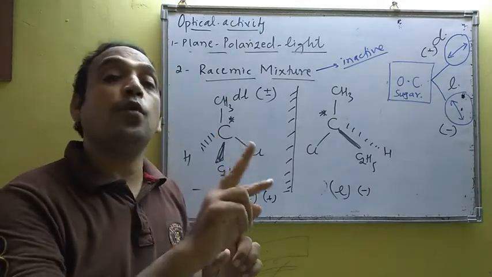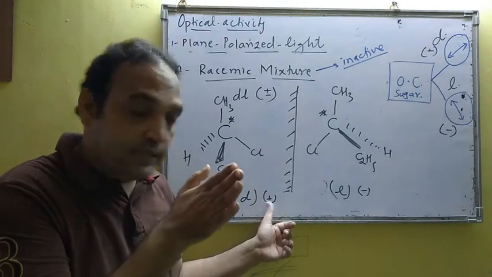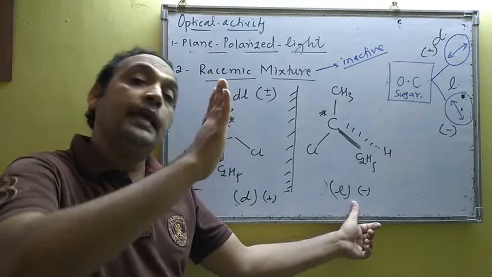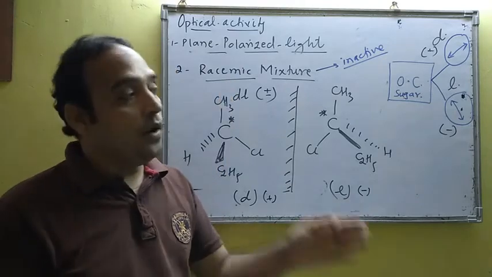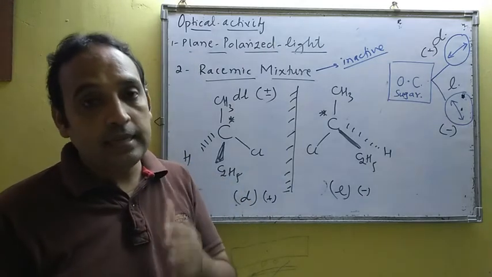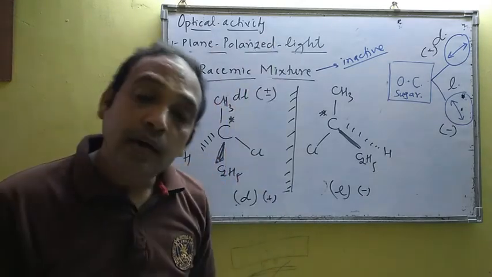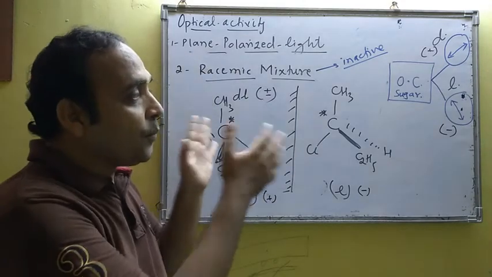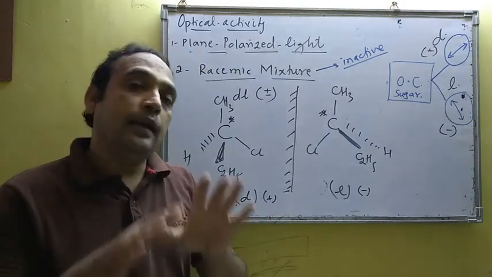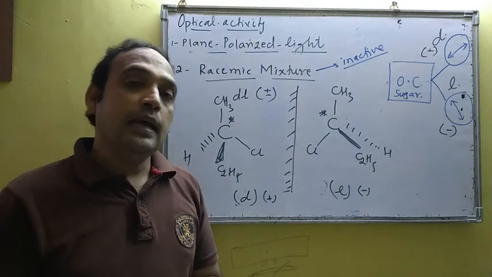One will be positive clockwise and the other negative anti-clockwise. Enantiomers have identical chemical properties, except towards optically active reagents. So these are the properties of enantiomers, and this is all about the concept of optical activity.